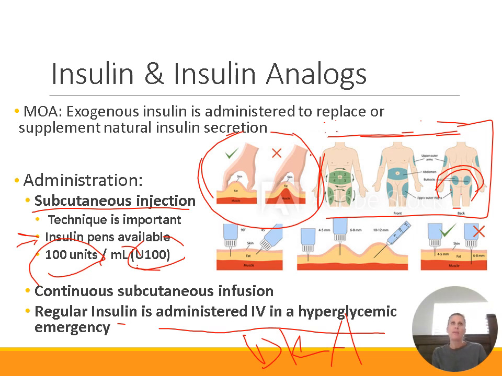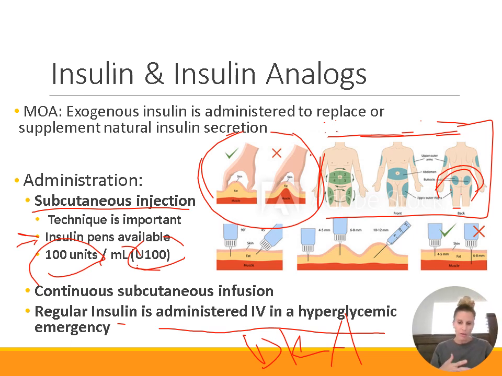So when we talk about dosing, normally if we're talking about tablets, we would say 25 milligrams per tablet. So if you wanted the patient to take 25 milligrams, they would take one tablet. In this case, instead of milligrams, we're using units. So you would say the patient needs to inject 30 units of insulin.